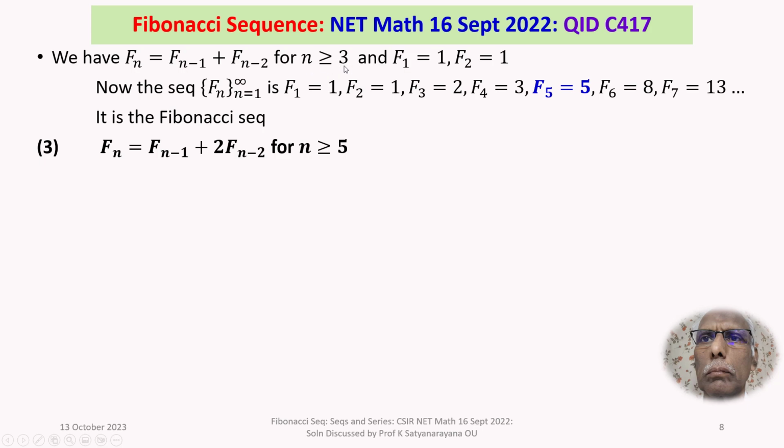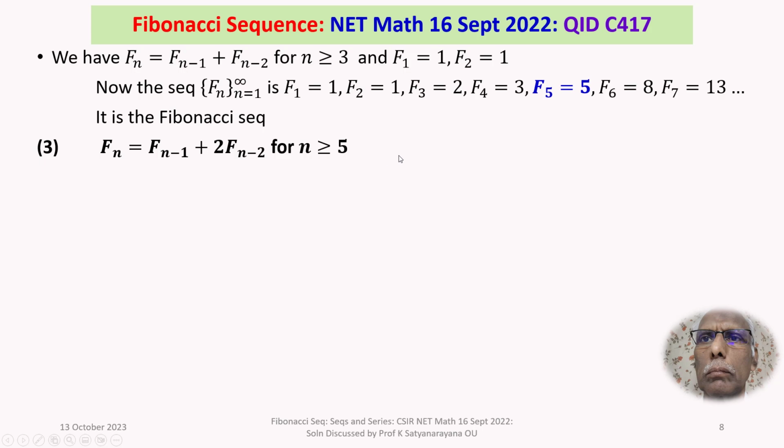So for n greater than or equal to 5, fn is equal to fn minus 1 plus fn minus 2. If option 3 were true, fn would be fn minus 1 plus 2 times fn minus 2, which is not true. Therefore this is not a true statement.